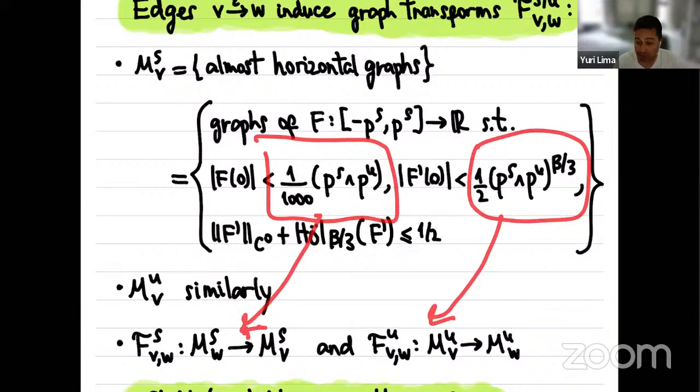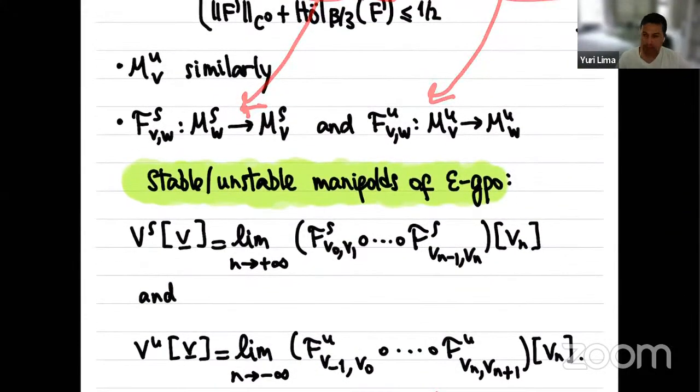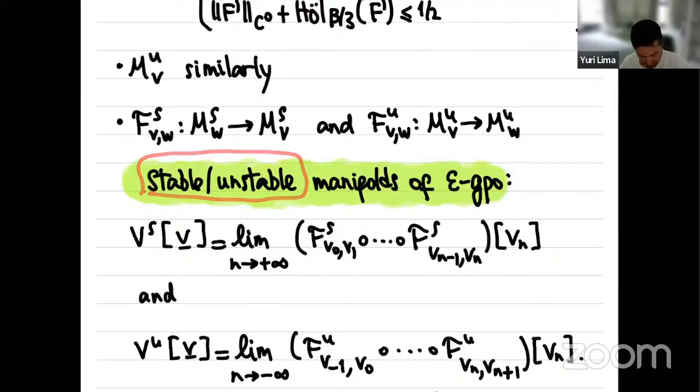Then we can compose many contractions and define, as we did in the context of uniform hyperbolicity, stable invariant manifolds for these pseudo orbits, this generalized notion of pseudo orbits.